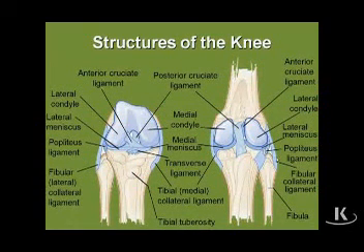And those medial and lateral collateral ligaments prevent medial and lateral movement of the tibia and fibula upon the femur. In other words, they prevent abduction and adduction at the knee. So the medial collateral ligament prevents abduction of the leg, and the lateral collateral ligament prevents adduction of the leg.